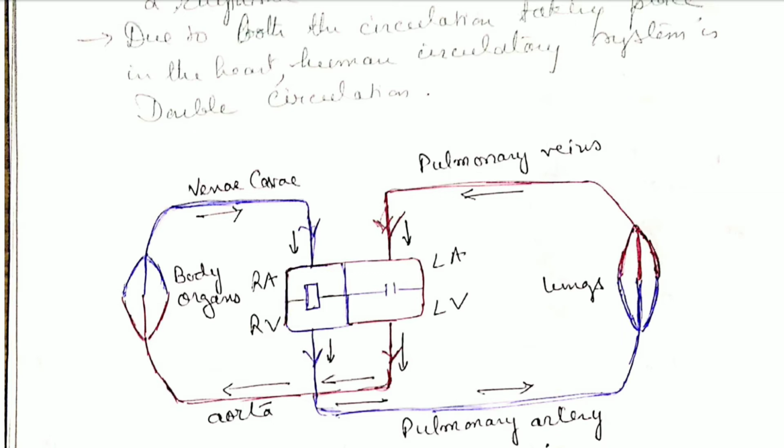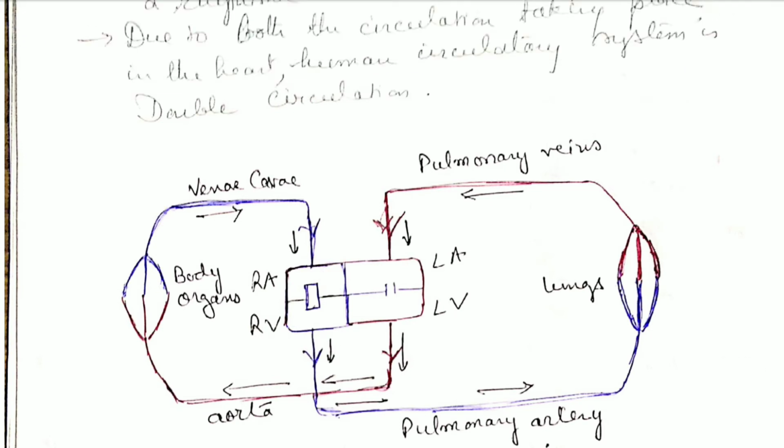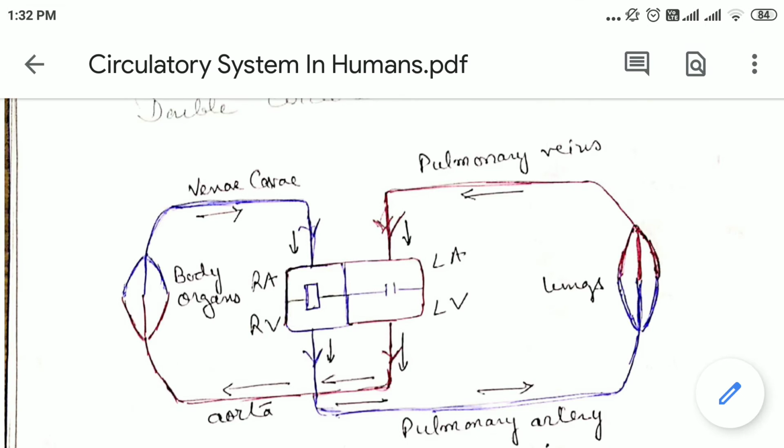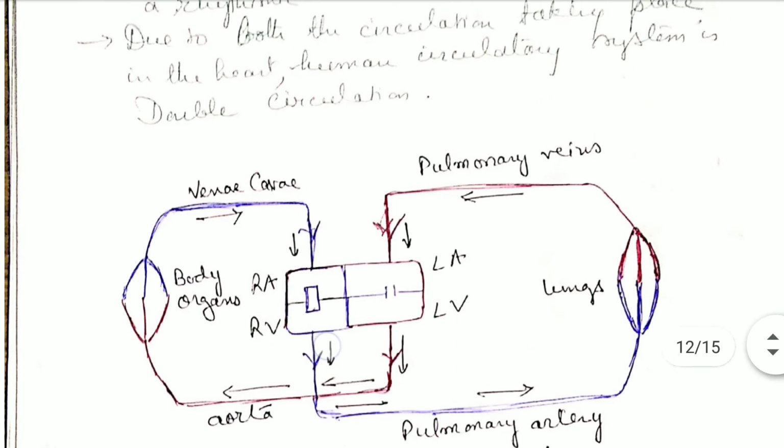In the middle, this is the heart which is represented. See, the right auricle and the right ventricle is there, and the left auricle and left ventricle is there. First this is the vena cava which is pouring the blood into the right atrium, and then it is passing the blood through the tricuspid valve, sorry, not bicuspid, into the right ventricle.